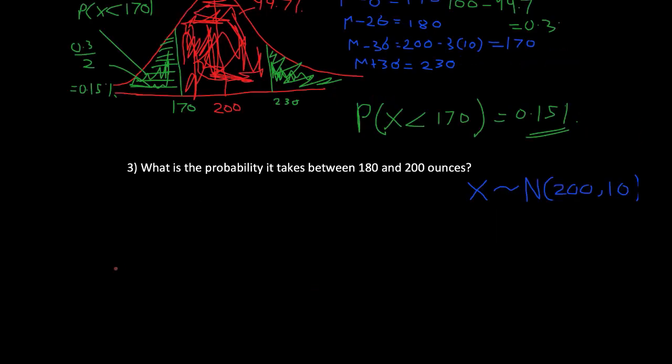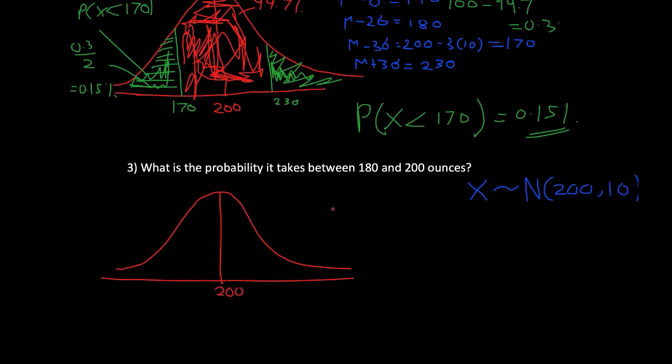Next question, what is the probability it takes between 180 and 200 ounces? So this is the density curve of this problem. This is the mean 200. They are asking between 180 and 200.